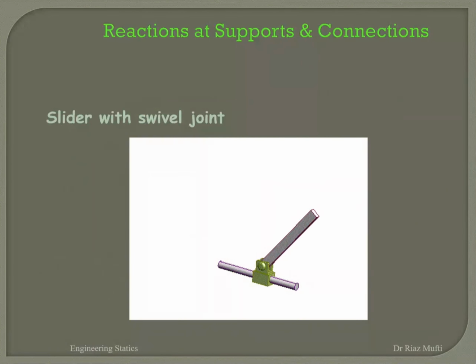Okay. Now tell me. Now it has two rotation. Wait. How many degrees of freedom? Sir, three. Okay, so it can rotate in one axis. So I'll have two reactive moments.